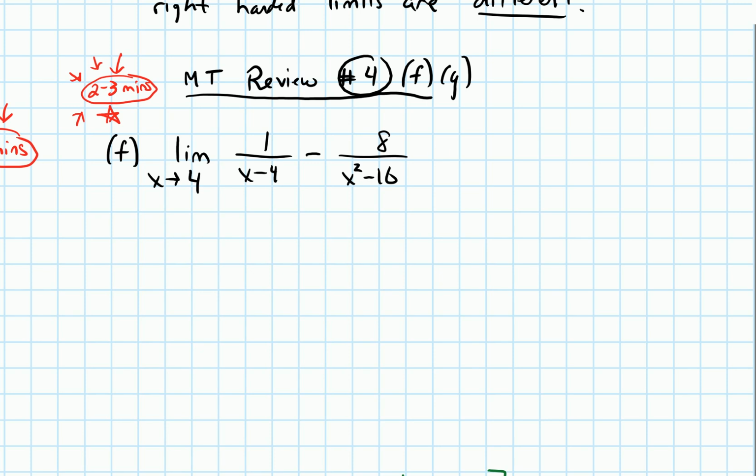Okay. All right, so the first step with a limit problem like this is we try to plug in. And if we do that, we end up with 1 over 0 minus 8 over 16 minus 16, and that's 0. Also, when I said before that the concepts we're covering here are going to be on the exam, I don't necessarily mean this example is going to be on the exam.